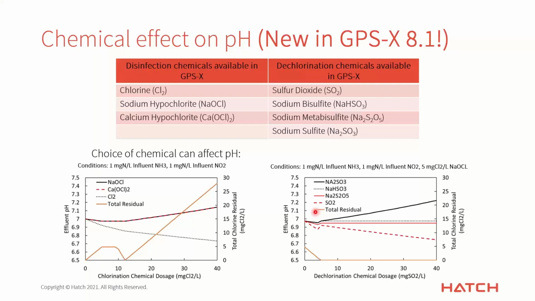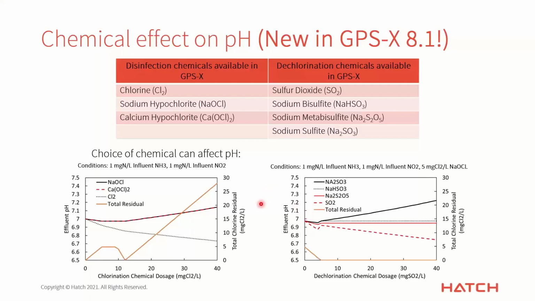So here at the top, I've listed all the chemicals that we have available for chlorination and dechlorination in GPSX. And the reason I've done this is because the choice of chemical has a non-negligible effect on the pH, and they can affect pH in very different ways. So the chemicals for chlorination are chlorine gas, sodium hypochlorite, and calcium hypochlorite. And the dechlorination chemicals are sulfur dioxide, sodium bisulfate, sodium metabisulfite, and sodium sulfite.